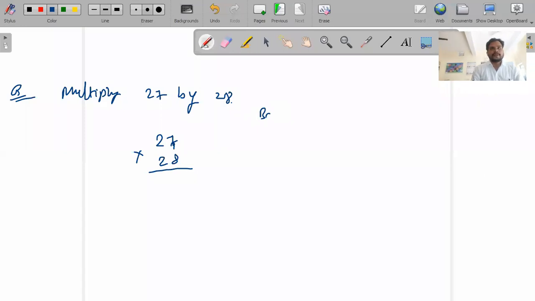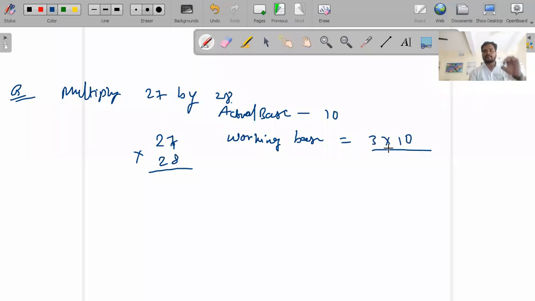Suppose I consider base as 10. This will be the actual base. And what about the working base? I can consider 30 as the working base, which is 3 into 10, multiplying the actual base.